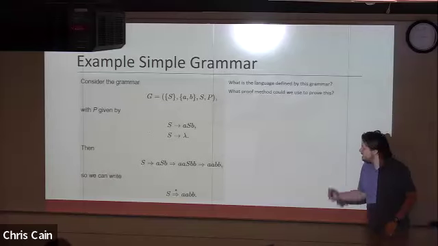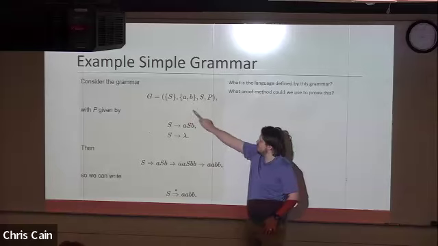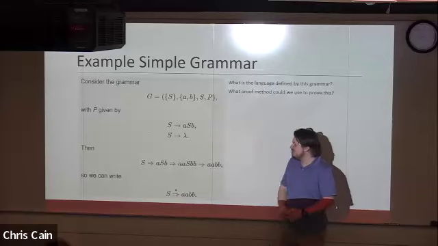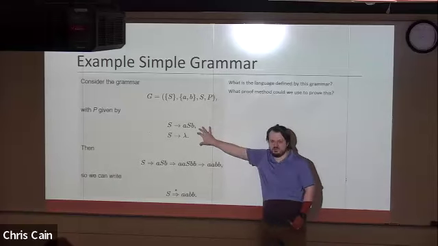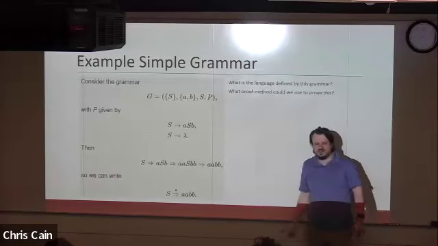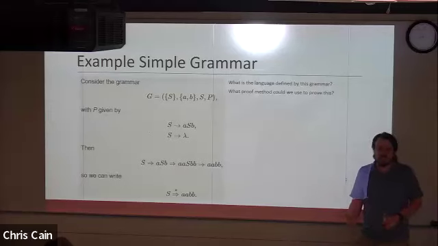We have the non-terminals, the terminals, our starting non-terminal, and our set of productions, which is defined to be every rule that we could apply as we go from the start non-terminal to produce any string that would be in a language.